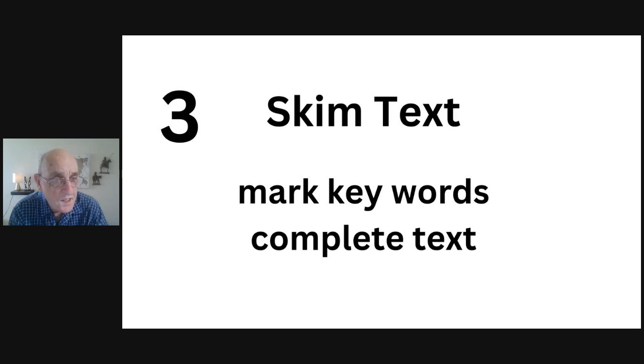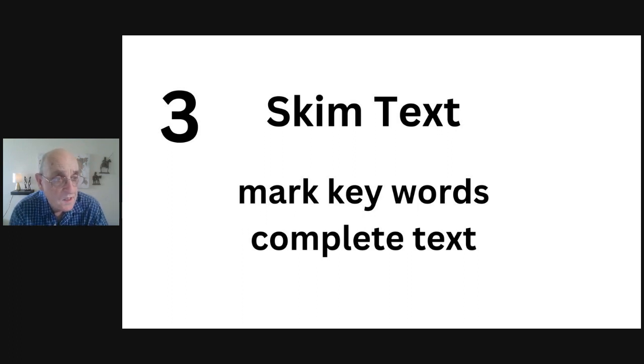So you're going to skim the text, and you're going to mark the key words, the same type of keywords that you used in your strategy for the questions: names, dates, unique terms, adjectives. And you're also going to look for synonyms or paraphrases of words or phrases that you saw in the questions.